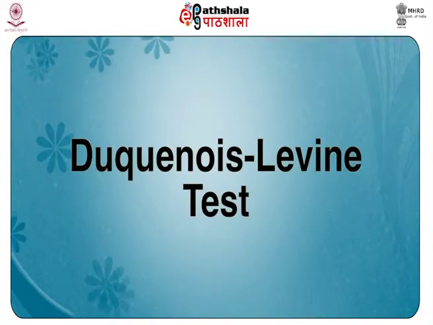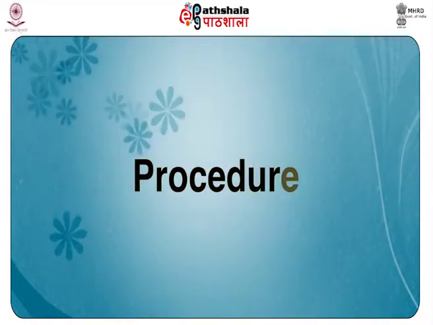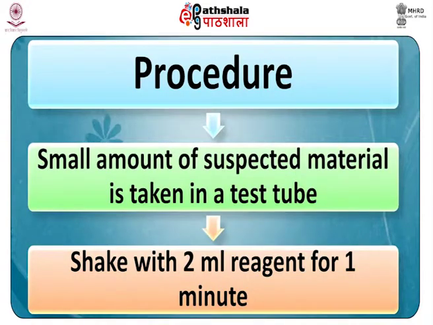Next is the Duquenois-Levine test. Preparation of reagent: 5 drops of acetaldehyde and 0.4 grams of vanillin are dissolved in 20 ml of 95% ethanol. Procedure: a small amount of suspected material is taken in a test tube and shaken with 2 ml reagent for 1 minute.